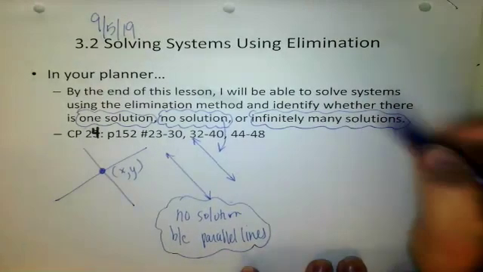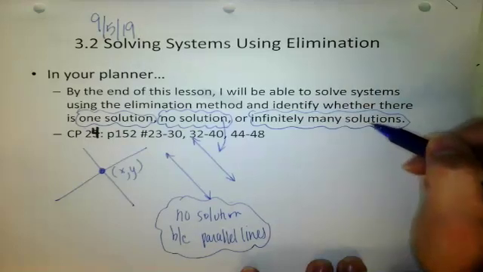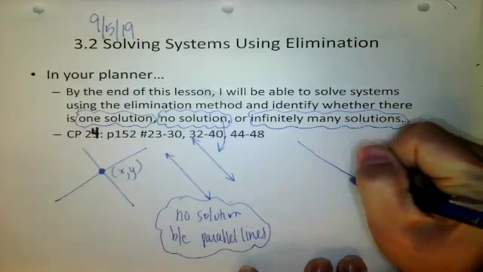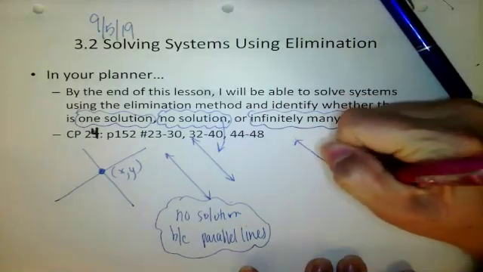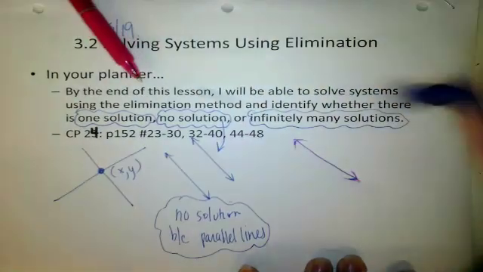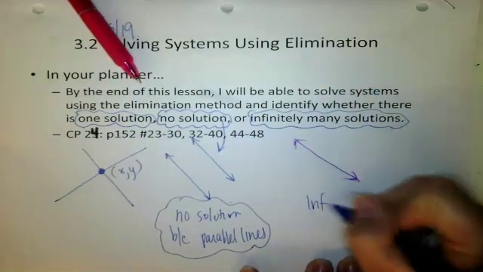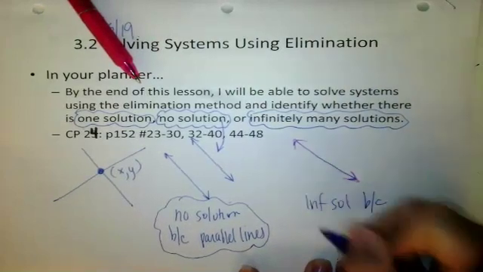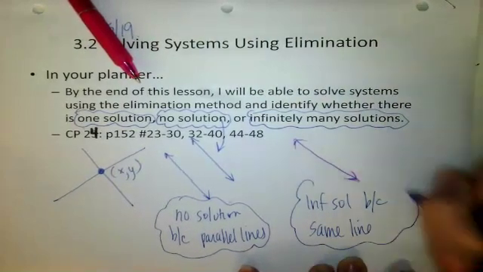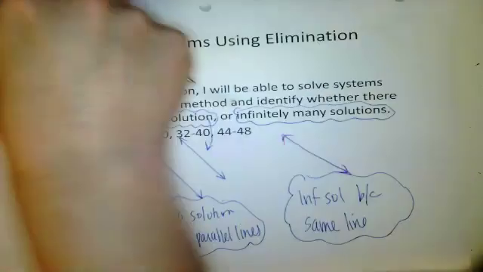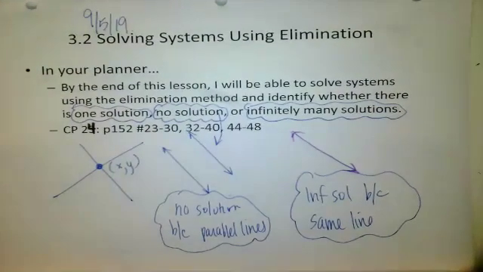What does it look like when we have infinitely many solutions? They're lines graphed on top of one another. That's right. So we have infinitely many solutions because they are the same line graphed on top of one another. And again, things that we want to remember.